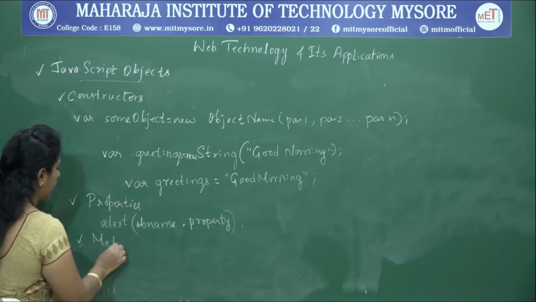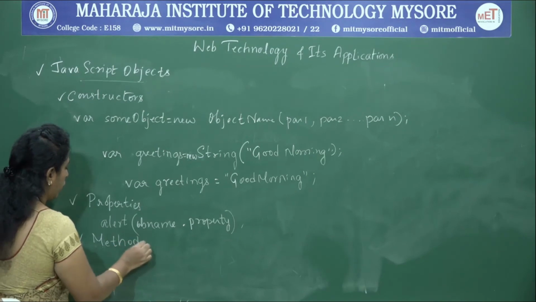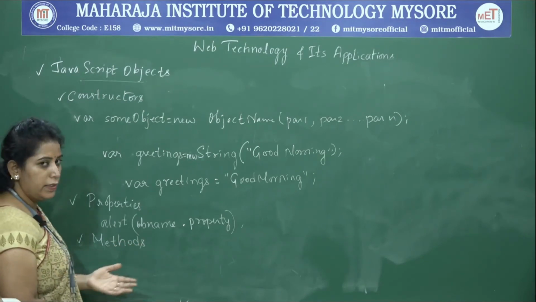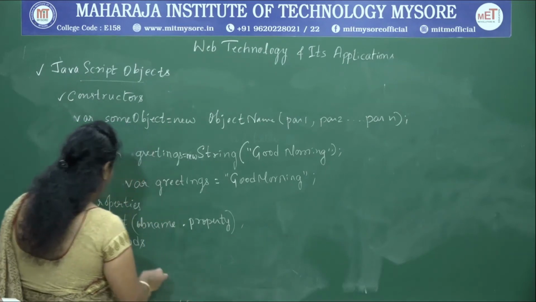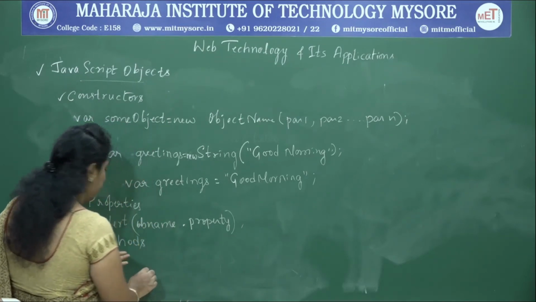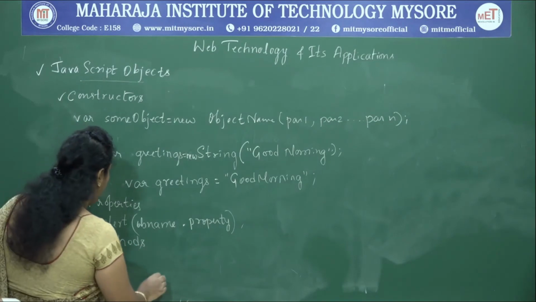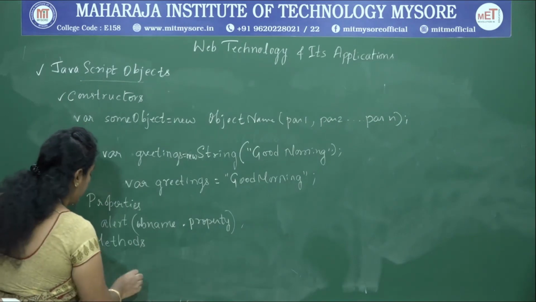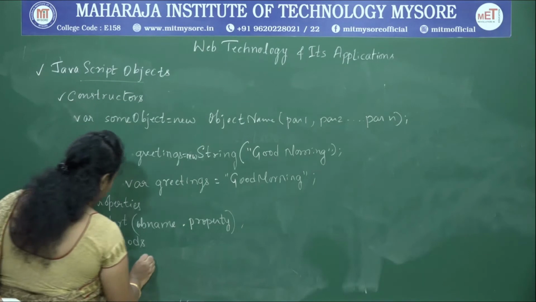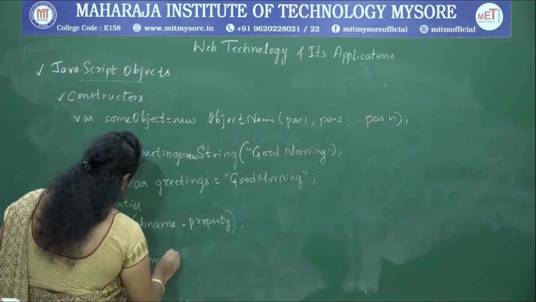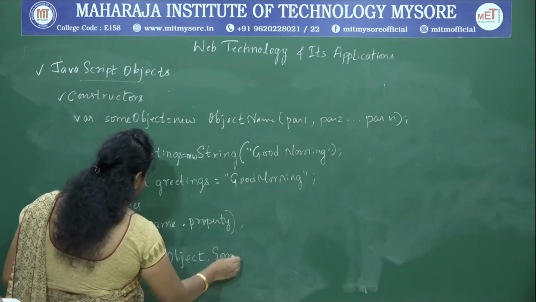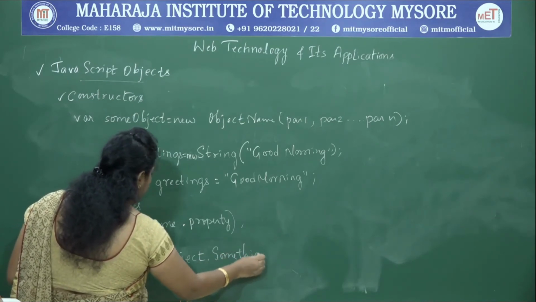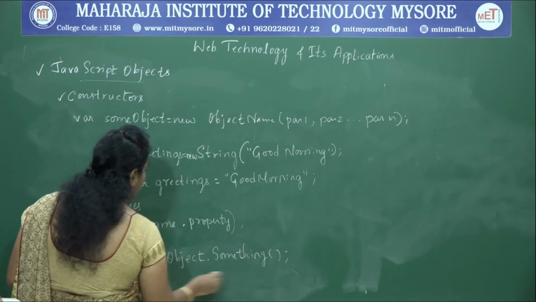Next is about methods. Methods are nothing but functions. So how to access the functions? Through an object. How to access? In this way. This is a method.